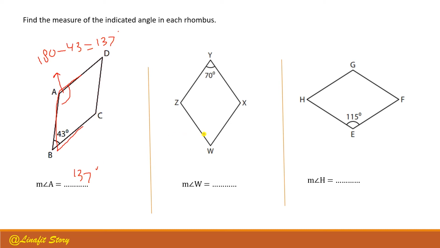To get angle W, this is 70 degrees, so W is also 70 degrees. To get angle H, this is the C shape. So angle H is equal to 180 minus 115, which is equal to 65 degrees.